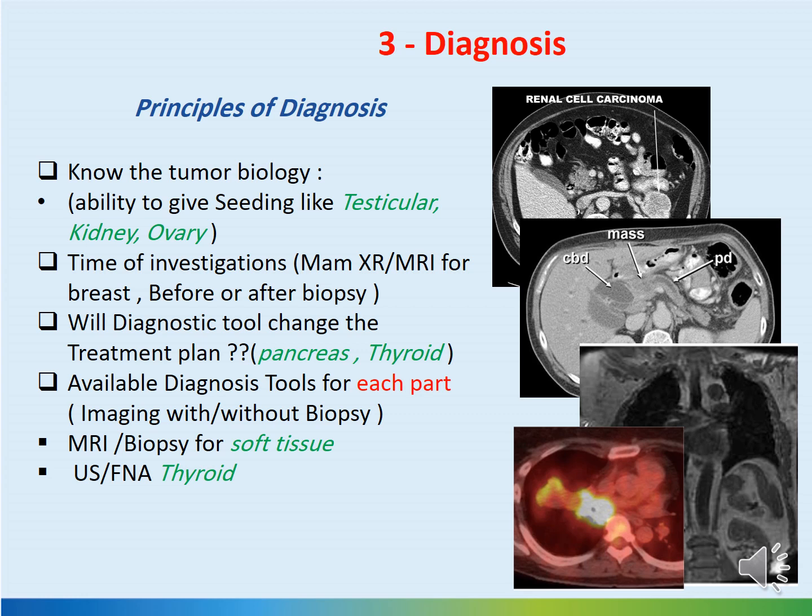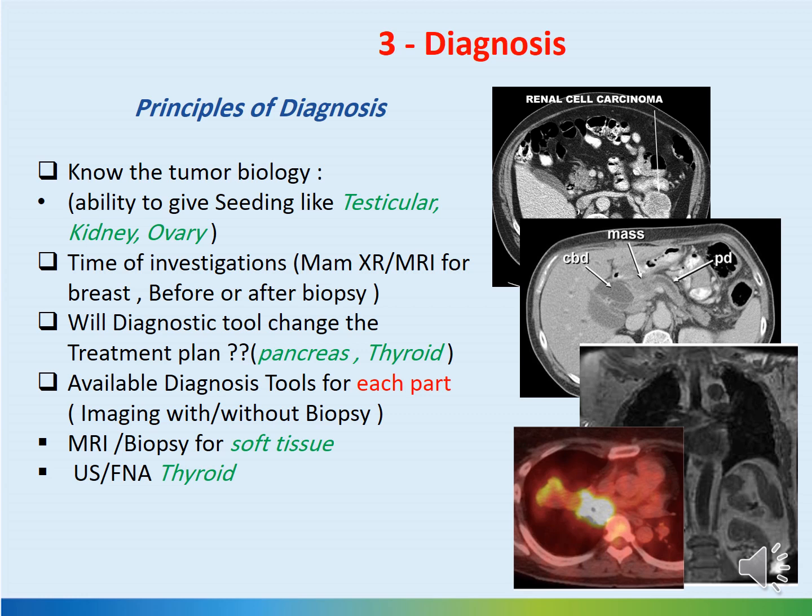And lastly, we have to know the available diagnostic tool for each part of the body. I should not request all types of investigation if I don't really know whether it will help me in this type of surgery or this type of cancer.